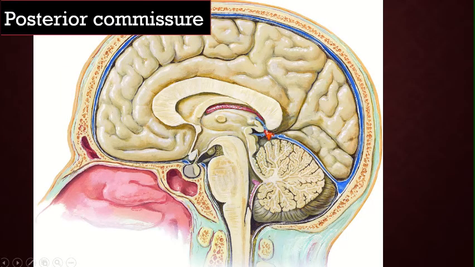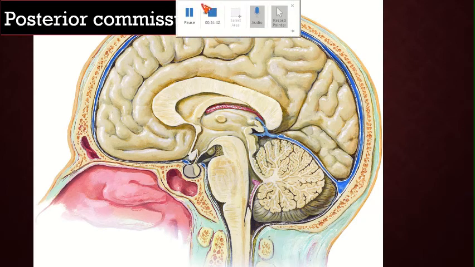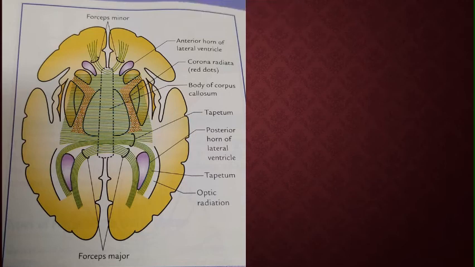It is overhanging the thalamic pulvinar, the pineal gland, the tectum of the midbrain, and we can identify even the posterior commissure. So that is about the corpus callosum.